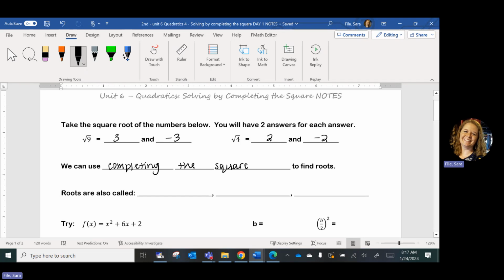We've talked about this in a couple of the different notes. What's another name for roots? Solutions. What else? Zeros. Roots, solutions, zeros, they all mean what? If you're thinking about it graphically, those are your x-intercepts. Very good.